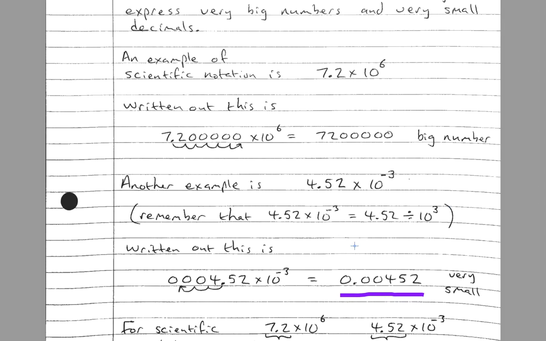So this is just written out what this means. So these are equal. And if you had something like 0.000000452, then you just need to change this power. Okay, so this number, it's very close to 0, so it's very small.